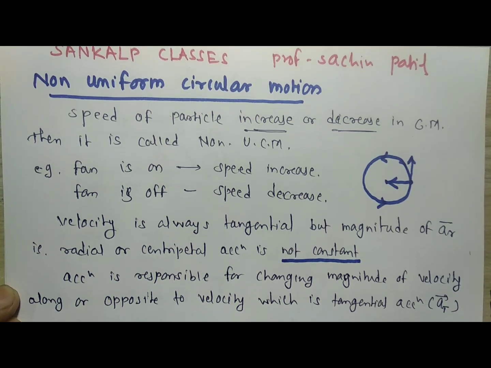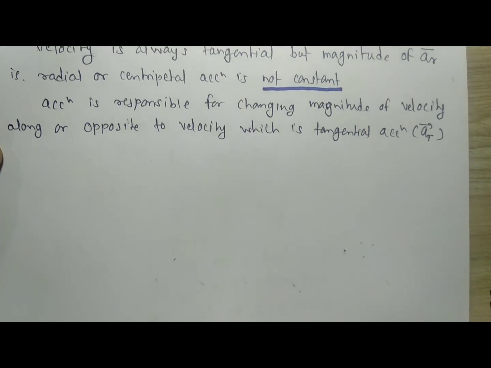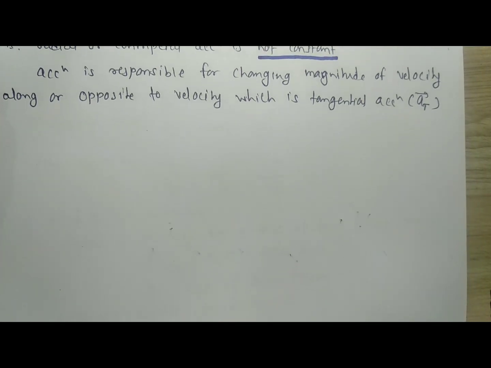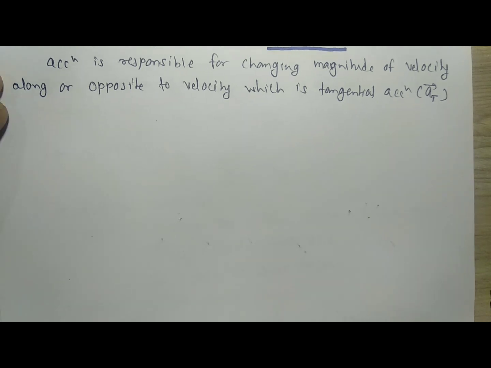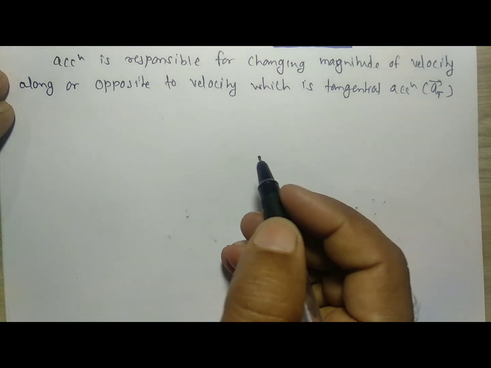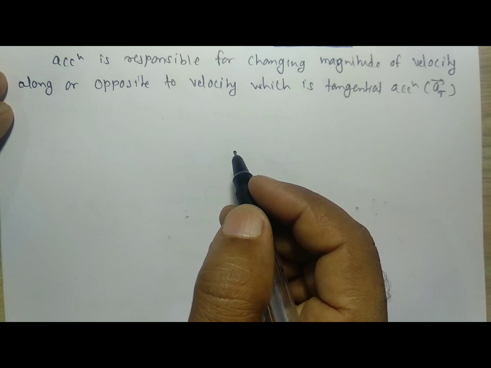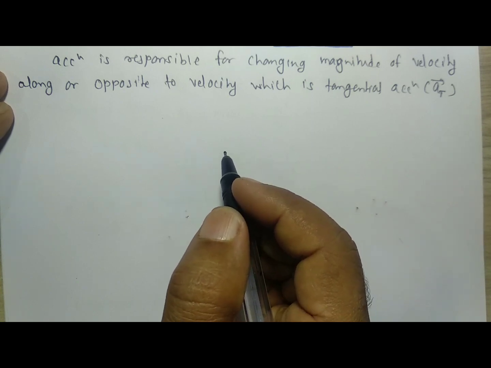What does it mean? Acceleration is now useful to change the velocity, or acceleration is a cause of changing the velocity, but its direction is opposite to velocity or along the velocity. It depends on the increasing or decreasing of the speed.